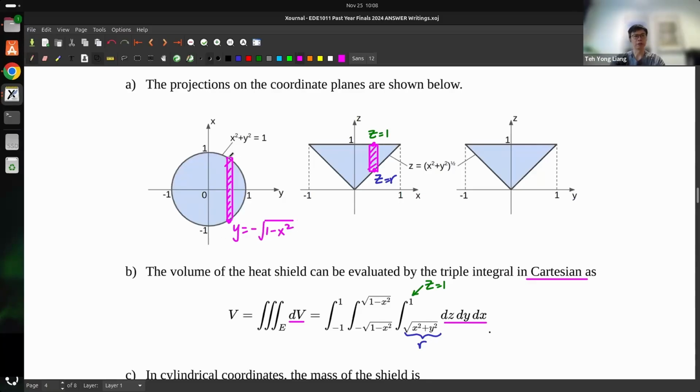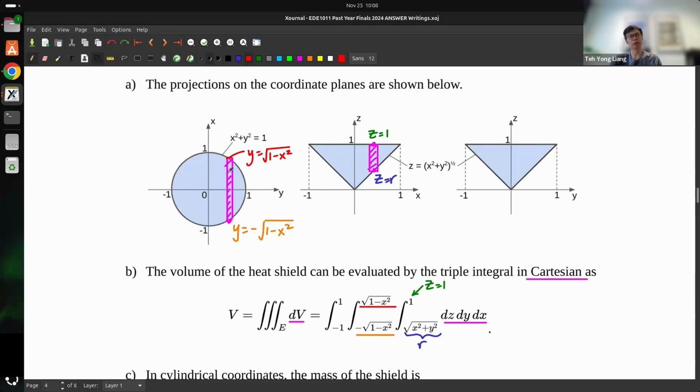Then the upper bound will be y equals the root of 1 minus x squared, the positive root of 1 minus x squared.